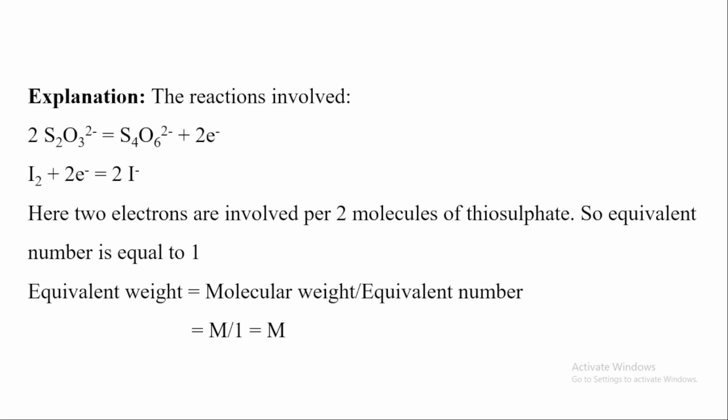And how do we define equivalent weight? Equivalent weight is nothing but the molecular weight divided by equivalent number. So if the molecular weight is m, the equivalent number is 1, then m divided by 1, equivalent weight will be same as the molecular weight of sodium thiosulfate. Okay.